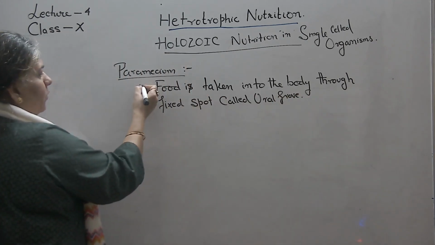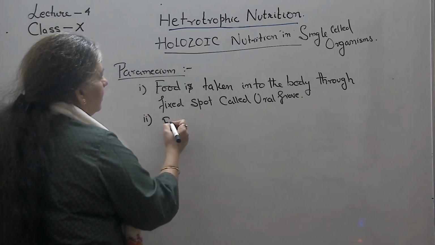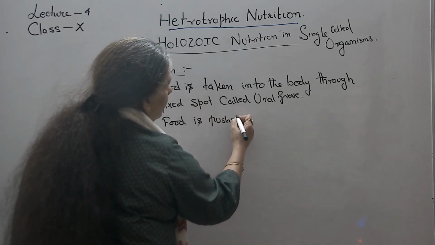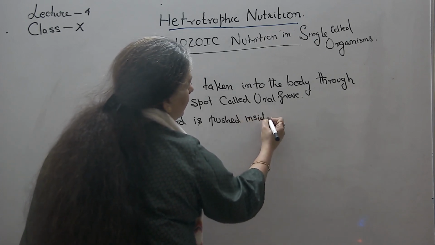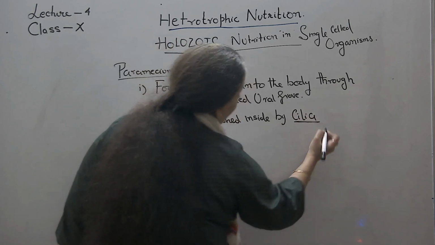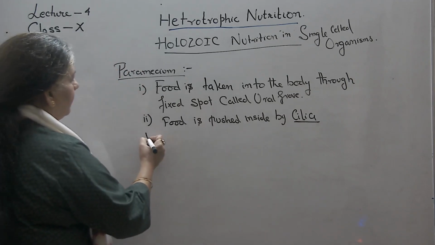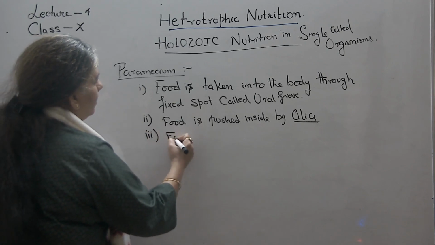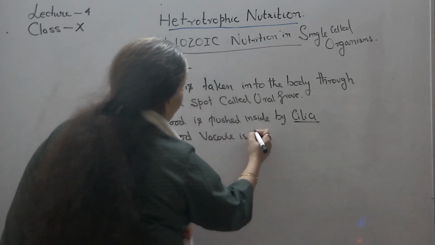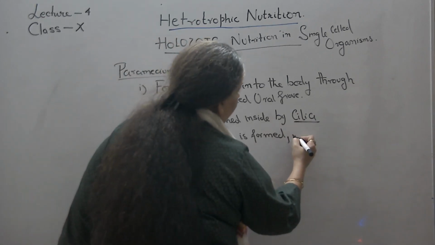Then food is moved inside with the help of cilia, or food is pushed inside by cilia. This is a unique feature that differentiates it from amoeba. Third, a food vacuole is formed where digestion is completed.